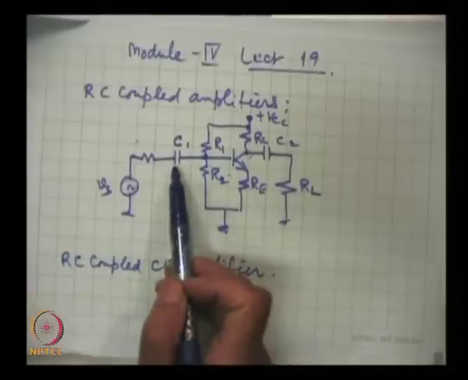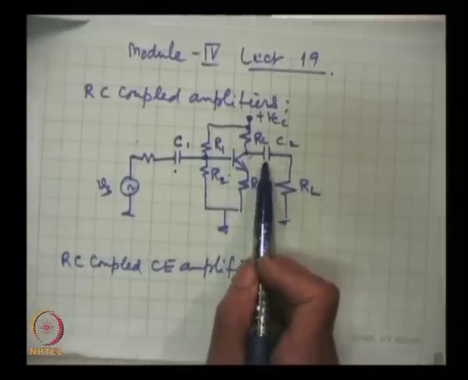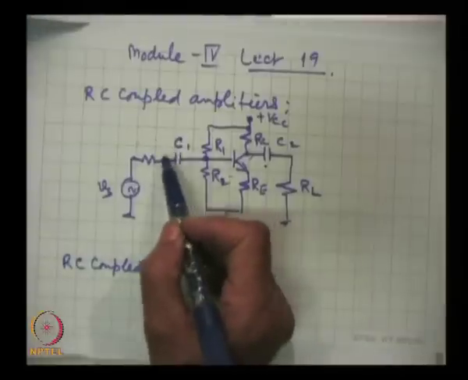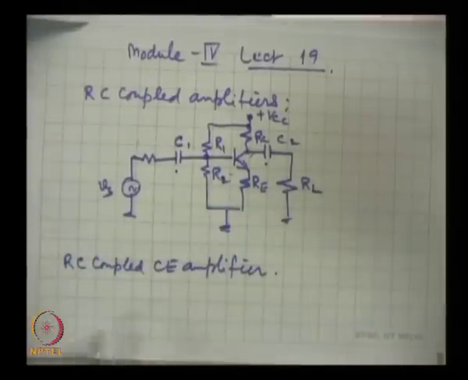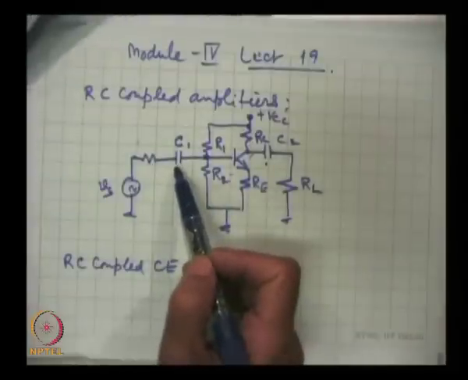So, coupling capacitors. Let me tell you one fundamental thing about this, which I will go through in detail now. This is the coupling capacitor, this is also the coupling capacitor. For the time being, let us just consider this coupling capacitor. This fall in gain, this F1, comes because of this capacitor.